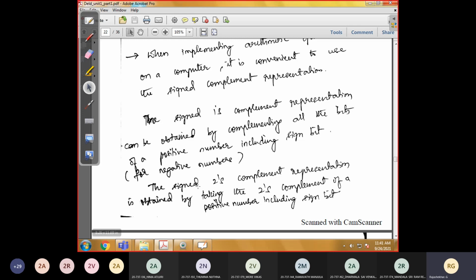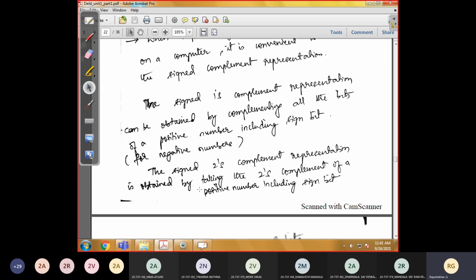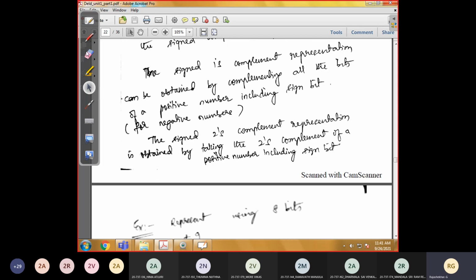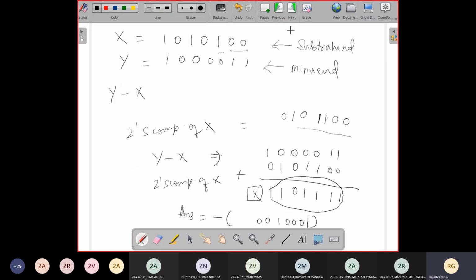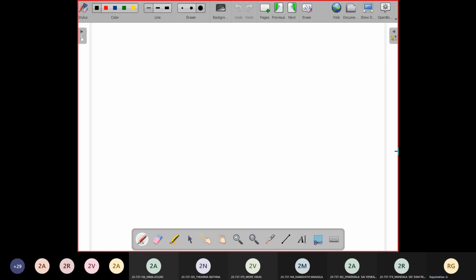So let us understand this procedure using an illustration. Let us take an example of representing negative numbers in the binary system.